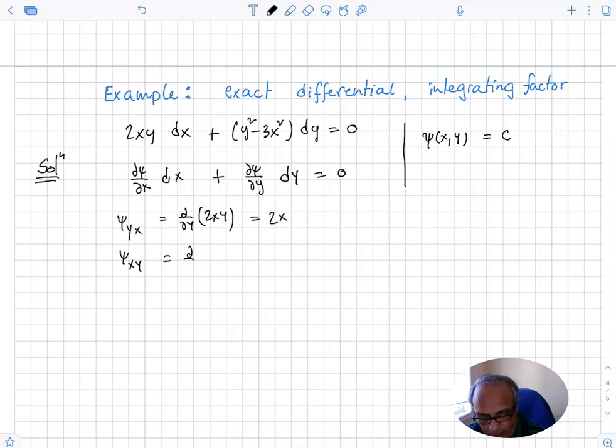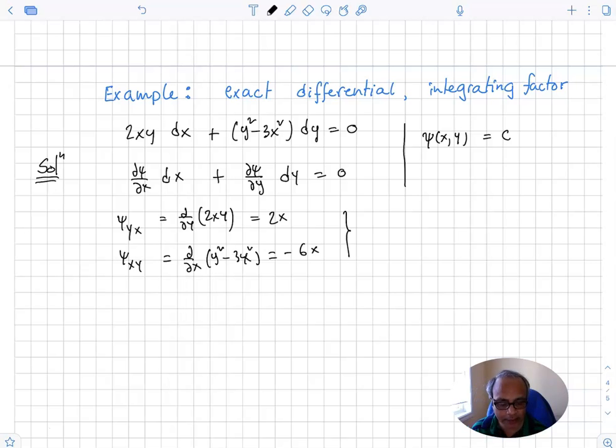The derivative with respect to x of y square minus 3x square equals minus 6x. So you get mixed partial derivatives of psi, and they are not equal. So it's good enough.